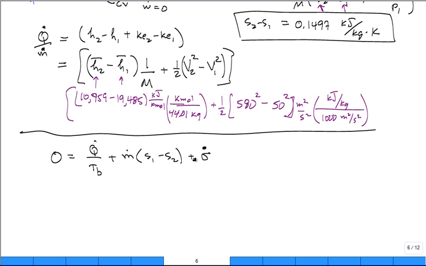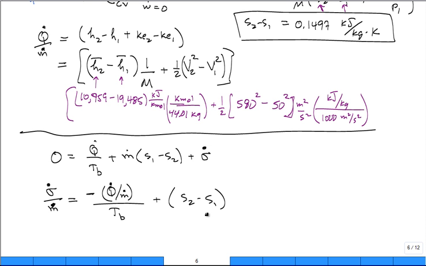And so we're interested in the entropy production per unit mass flow of the carbon dioxide. So that's going to be equal to minus Q dot divided by M dot divided by TB plus S2 minus S1. Just a little algebra right there, true?